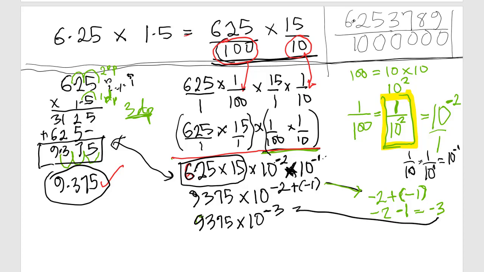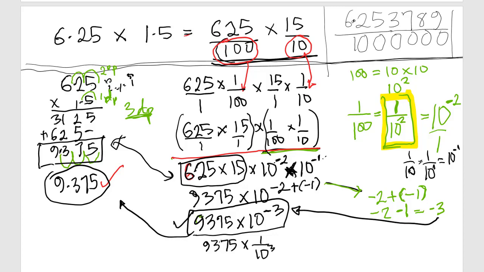You can actually leave this as the answer if this is what is required, but to make it look like this, you can say 9375 times 1 over 10 raised to power 3, and not 10 raised to power minus 3, because if you bring the entire number down to look like a denominator, you now have to put 1 over the number 10 raised to power 3.